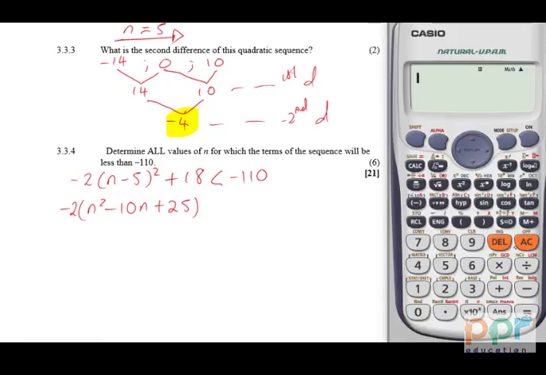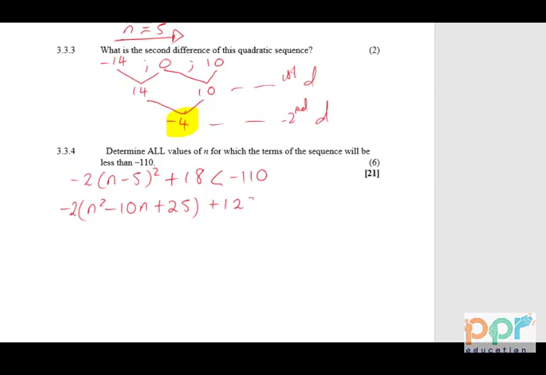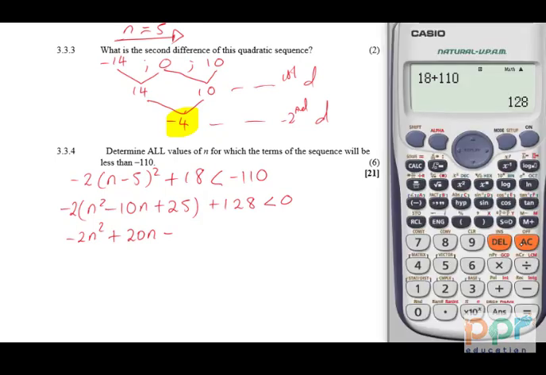18 plus 110, 18 plus 110 will give me 128. So I'm having positive 128 less than the whole bracket. If I remove the 2, I will get negative 2n squared plus 20n, and if we remove minus 50, so minus 50 plus 128, the answer is 78.